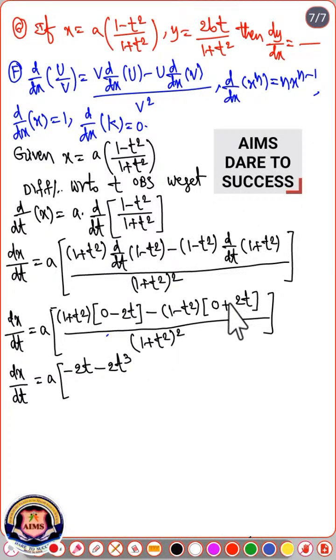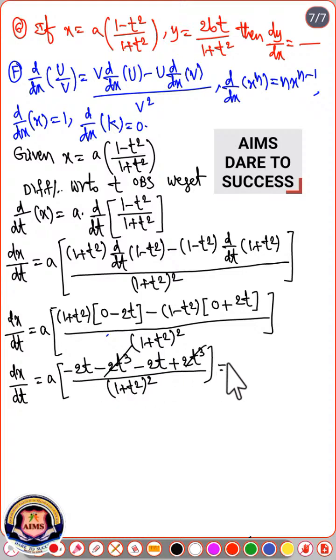Next, 0 plus 2t is 2t, outside minus, so minus 2t into 1 is minus 2t, again minus into minus is plus, t square into 2t is 2t cube, whole divided by (1 plus t square) whole square, plus 2t cube minus 2t cube get cancelled.